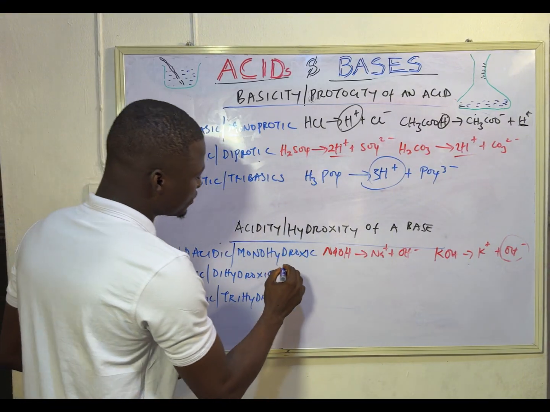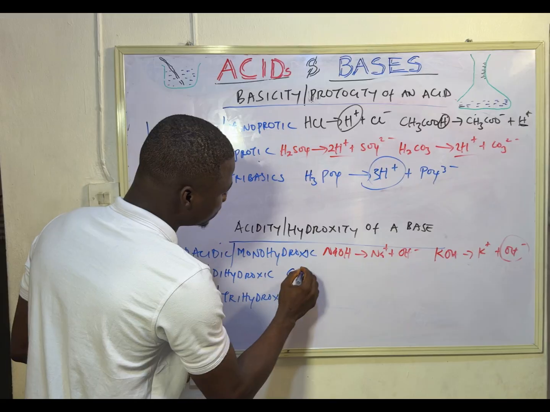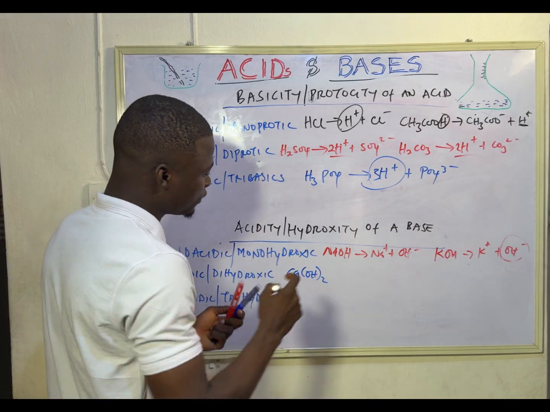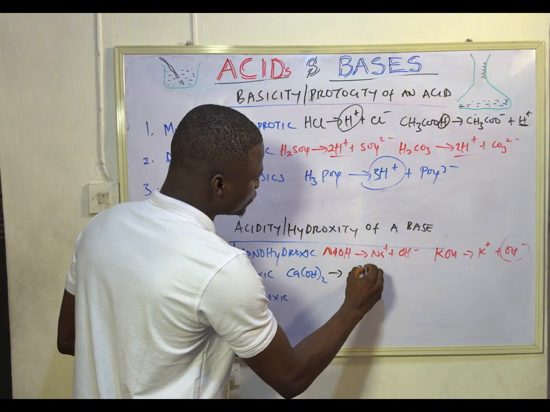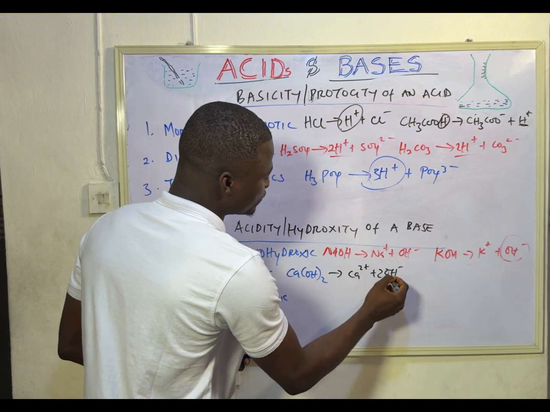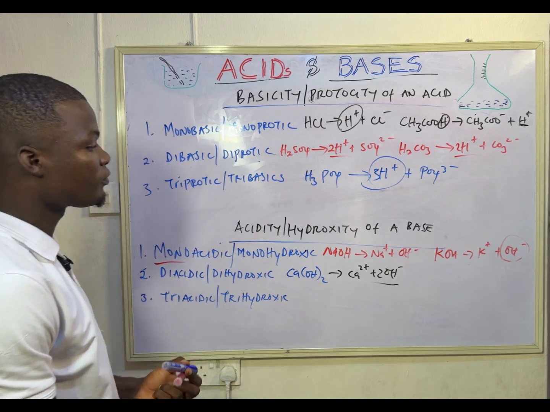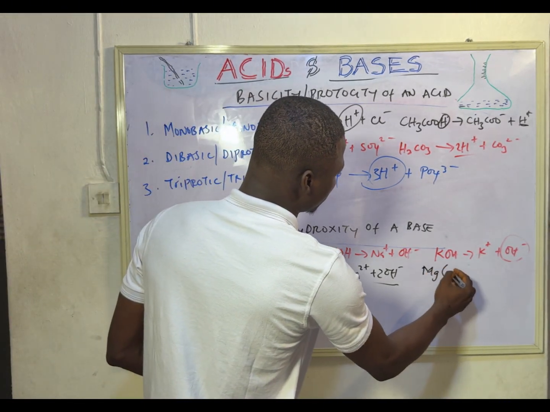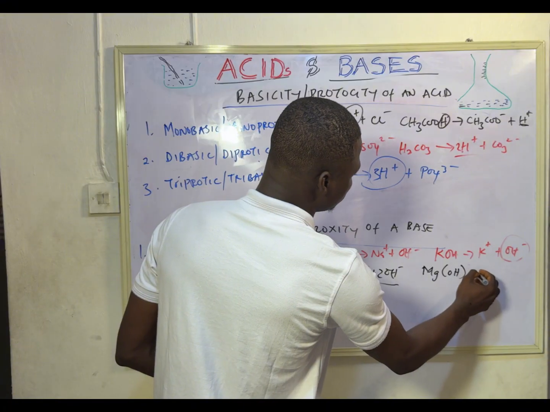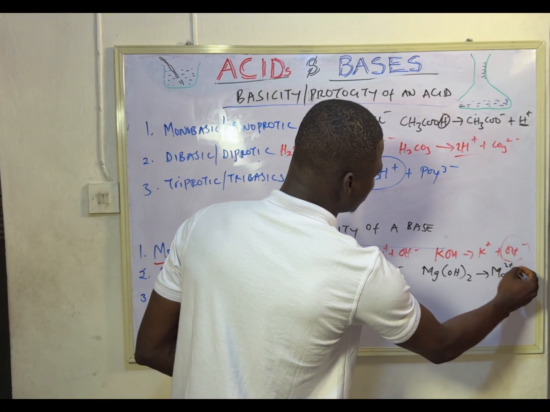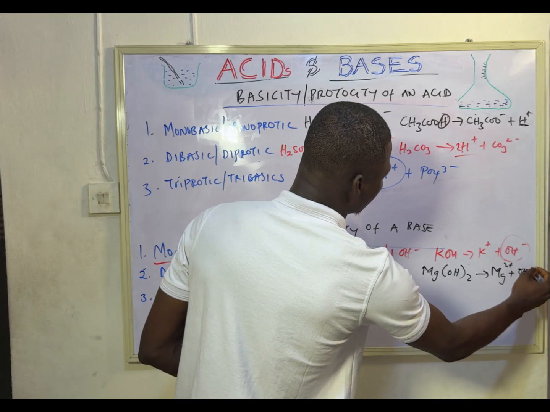While bases like calcium hydroxide: Ca2 plus plus OH minus. To cancel this, we have to put 2. So this is dihydroxic. Substances like magnesium hydroxide: you have Mg2 plus plus OH minus.